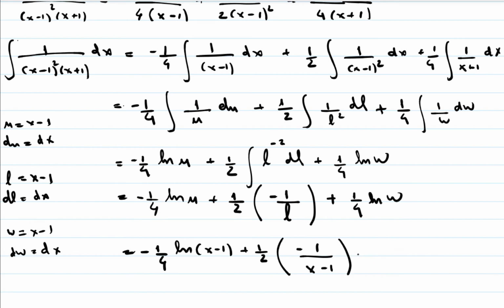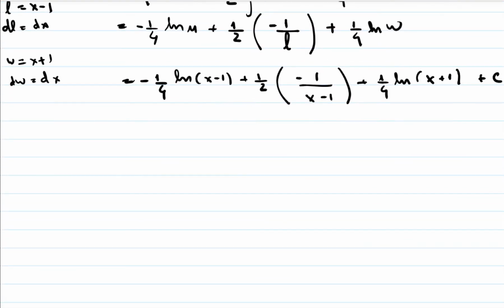Then I'm going to have here 1 divided by 4 natural log of w, and w is x plus 1, not minus. W is x plus 1. And then you're going to just put plus c because this is an indefinite integral. So this would be an exercise that we apply in substitution.